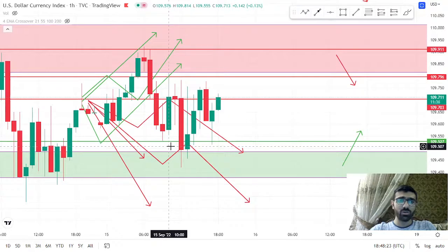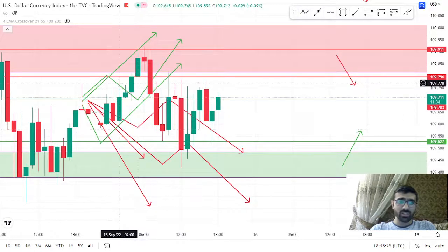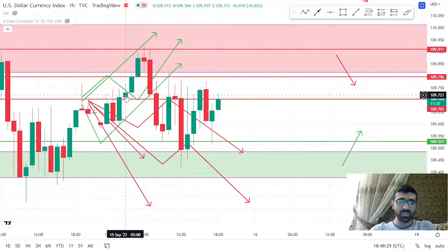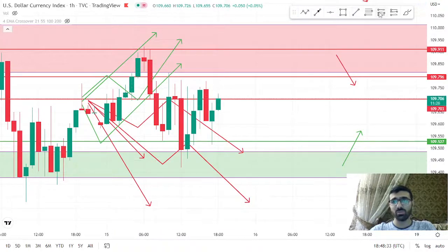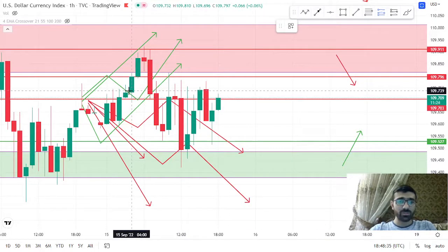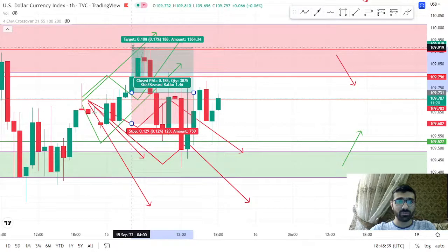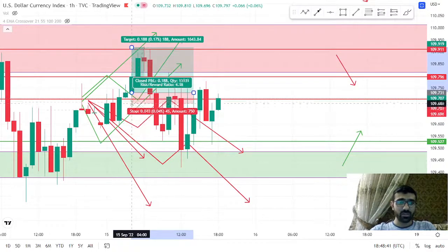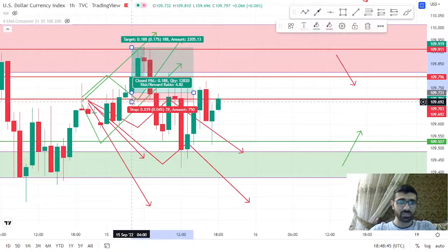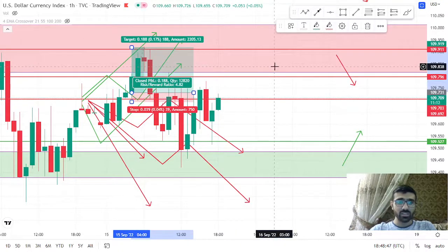Now, how did we give you the trades? Our buying scenario, both the risky buying scenario and the non-risky buying scenario, came into play beautifully, and we made good profit. Let me first check the non-risky profit that we would have made if we had gone long from here. Our stop loss would be just below this candle, so this was an easy 4.8% profit.